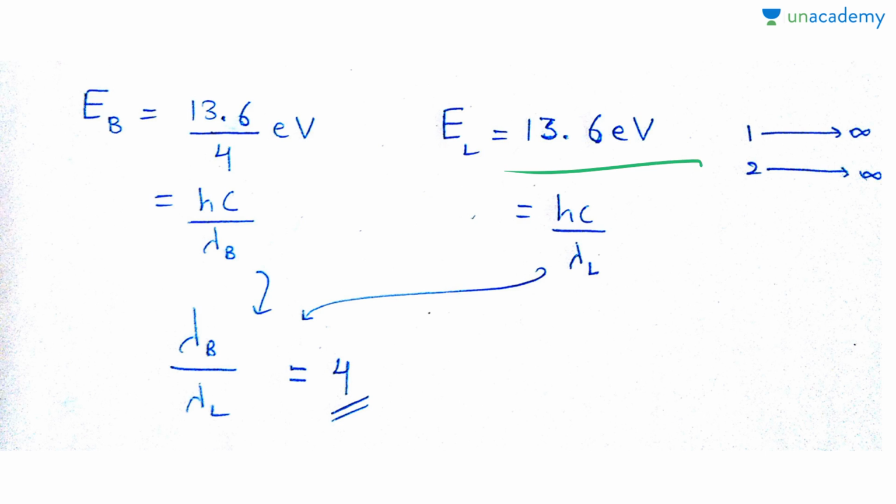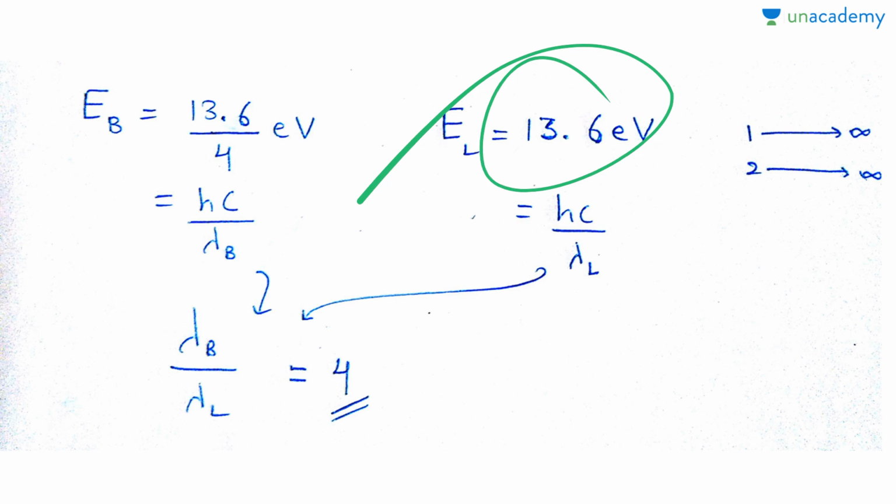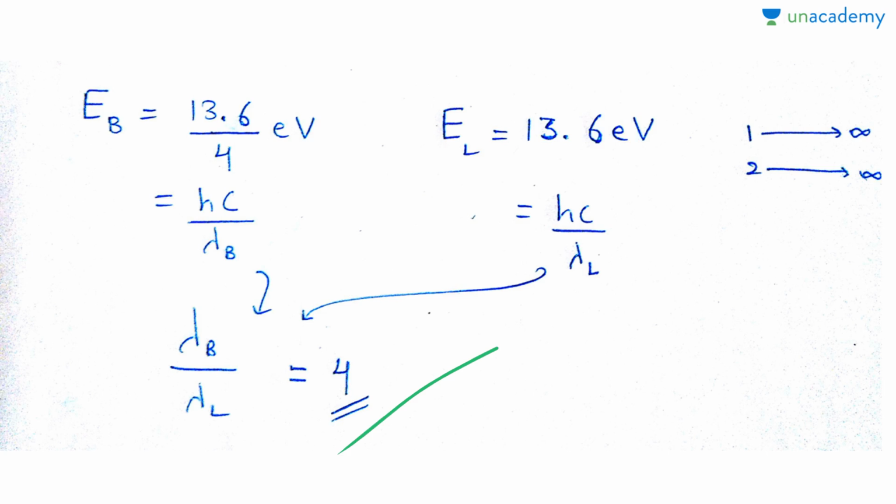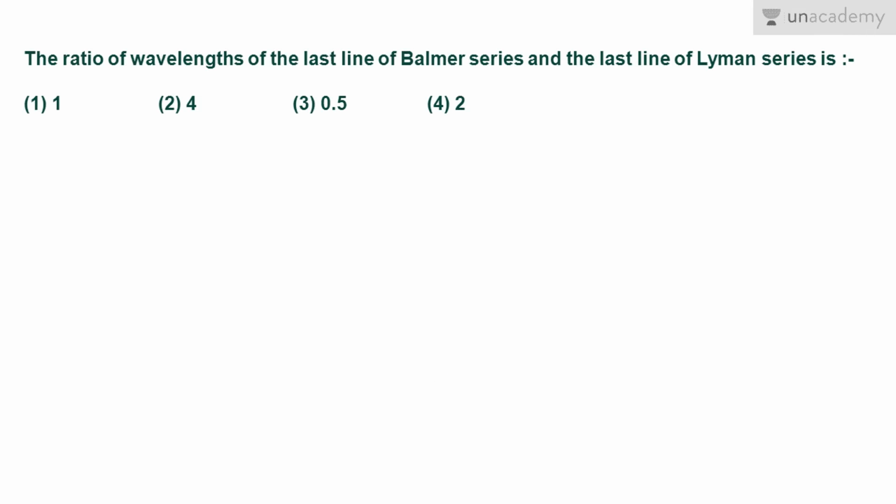This E will be equal to hc by lambda. So this is lambda b for Balmer, this is lambda l for Lyman. Now it is asking for the ratio of lambda b upon lambda l. So directly dividing these two terms, we will get the value of lambda b by lambda l as 4, that is the second option.